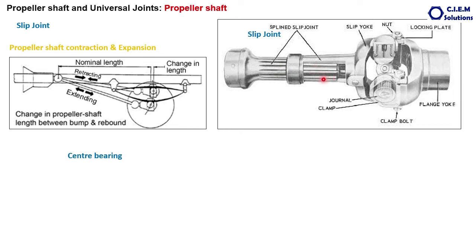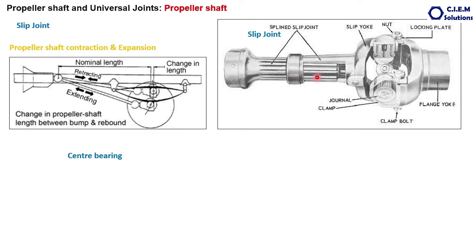How does this slip joint work? One end of the shaft has this male shaft with splines. The other end of the propeller shaft has the female splines. This male spline shaft is inserted into the female splines, and when the vehicle starts jumping or moving up and down on roads, based on this distance, this shaft will be moving inside the splines of this female spline shaft.